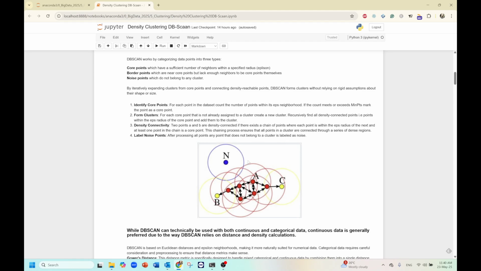I believe this circle that I am pointing to is the radius for point A, and within this radius there are minimum 1, 2, and 3 points. Hopefully this is a good illustration that this is considered a core point, because within the radius there are 3 points.